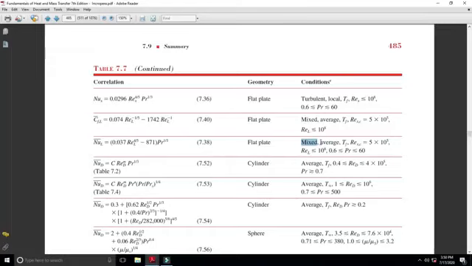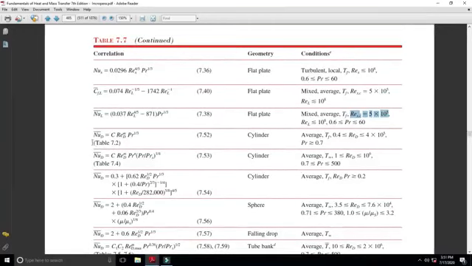Mixed boundary condition, laminar boundary layer and turbulent boundary layer as well. It will give us the average value, right? And properties will be evaluated at TF, mean film temperature, and critical Reynolds number is 5 exponent 5, etc.